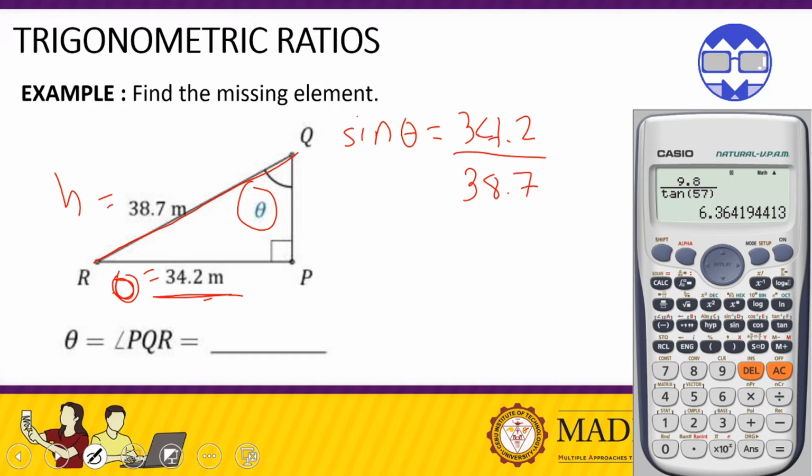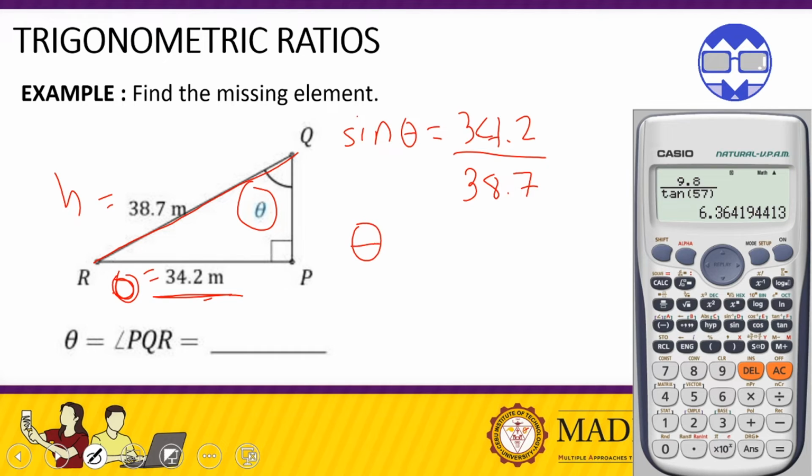So how are we going to go about it? In finding the angle, we're going to find the inverse function of the ratio. So what's the inverse? We're going to use arc sine. How do we use arc sine?